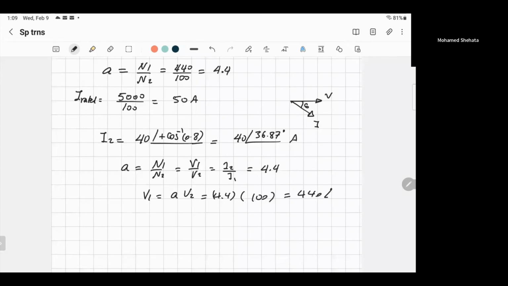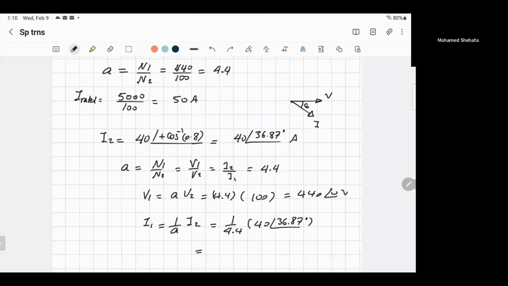That's an angle of 0, as expected. What about I1? I1 will be the opposite: I2 divided by A, right? It will be 1 over 4.4 times the current we have, 40 at an angle of 36.87, which gives us the same angle, but not 10. 40 over 4.4.